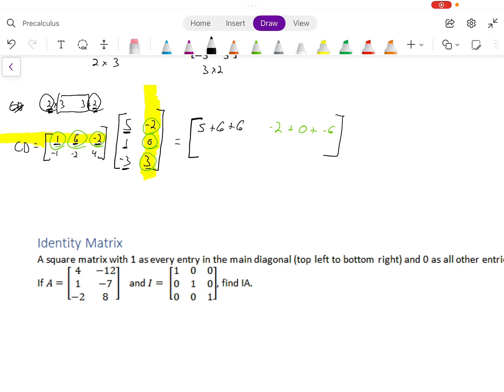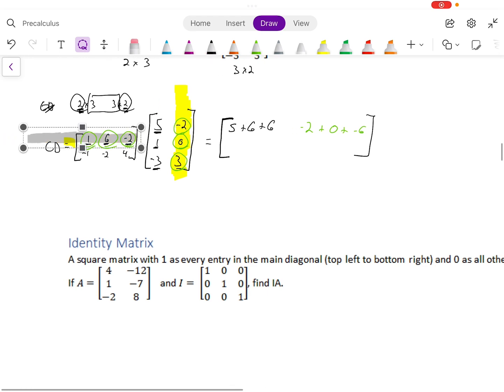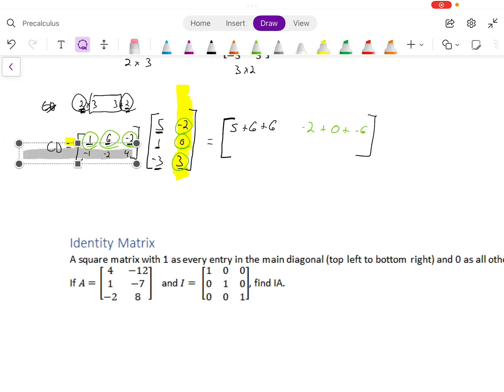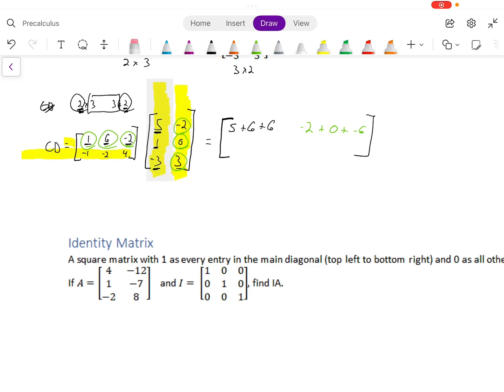Okay. Now we're going to go down to our second row and go back to our first column. And we will do negative 1 times 5 is negative 5. Negative 2 times 1 is negative 2, so plus negative 2. And then 4 times negative 3, we're going to add negative 12.